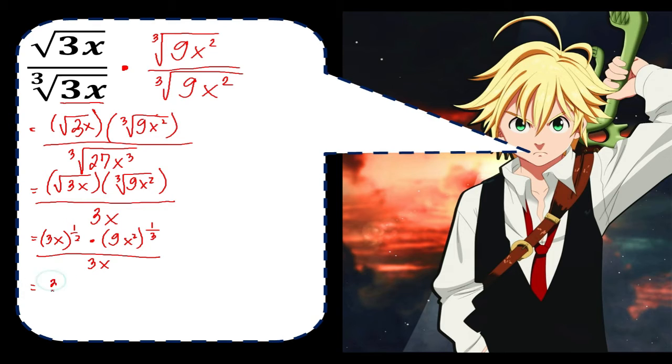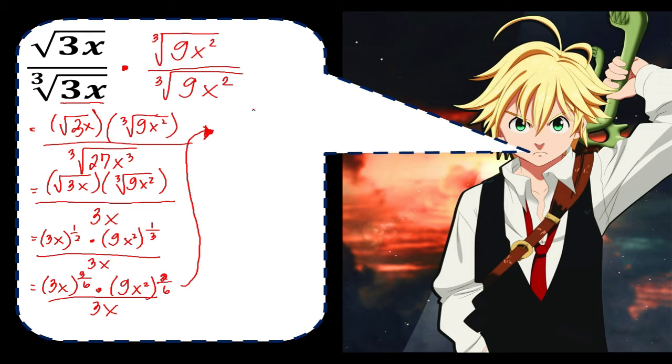Then, transform lang natin: 3x raised to 3 over 6 multiplied to 9x squared raised to 2 over 6. Okay? Tinransform lang natin yung mga exponent natin into similar fractions para magkaroon tayo ng parehas na index. And then divide all by 3x.